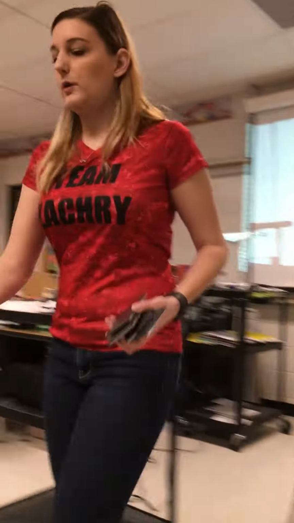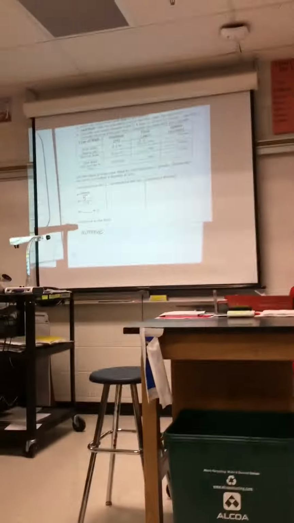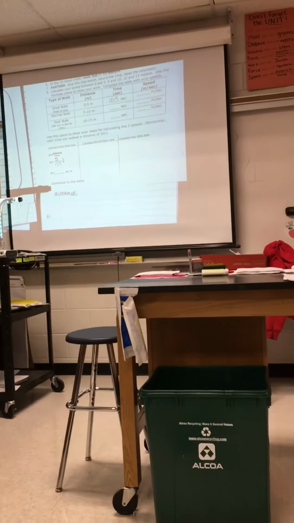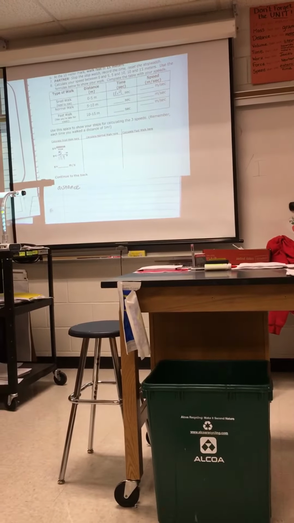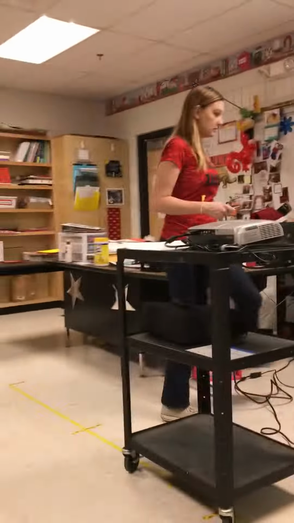Okay. I'm gonna put one calculator at each table, but you guys can share your answers. Remember with division, it's distance divided by time. Distance divided by time. You only need one person to do the math, and then you guys can share the answer.